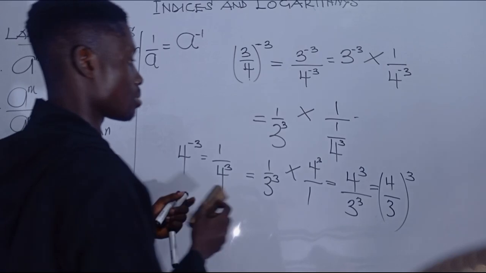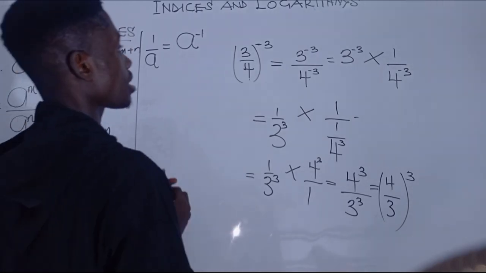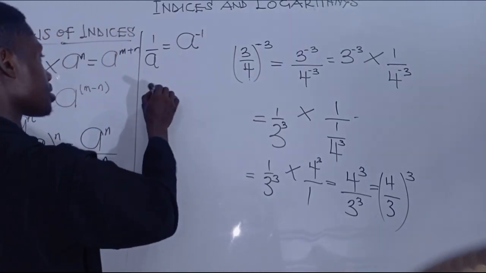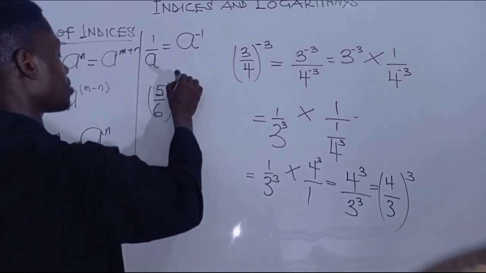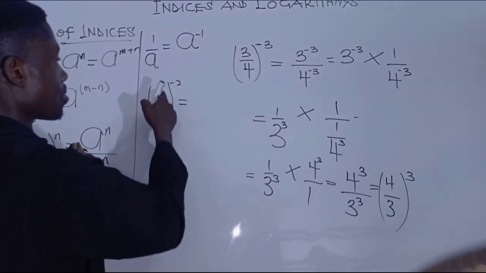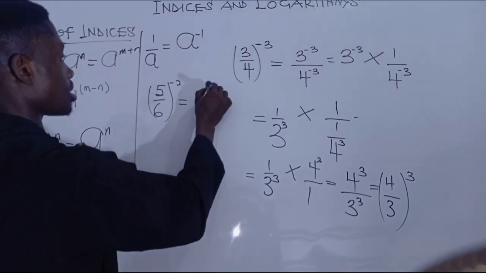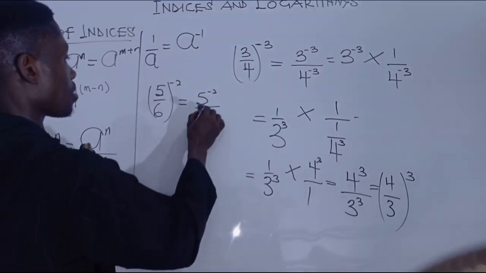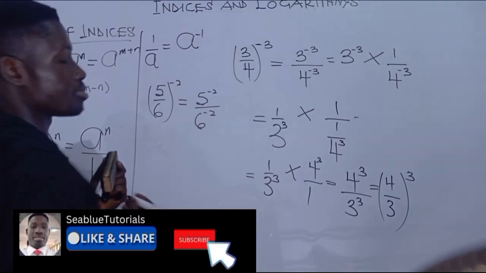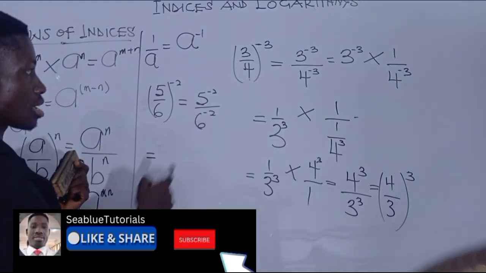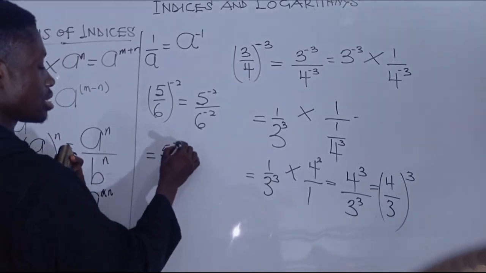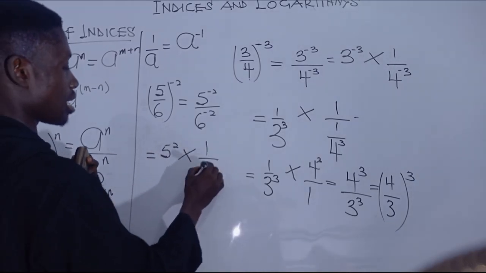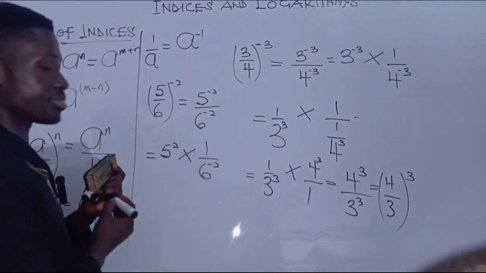Let's take another example. Let's take it that you have 5 over 6 raised to the power negative 2. Now we know that this can be written as 5 raised to the power negative 2 all over 6 raised to the power negative 2. Now we can write it in this form: 5 raised to the power negative 2 times 1 over 6 raised to the power negative 2.